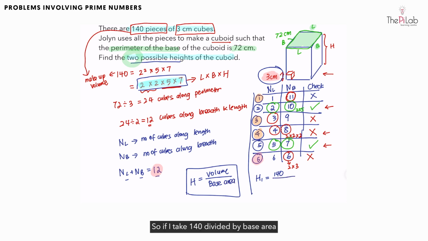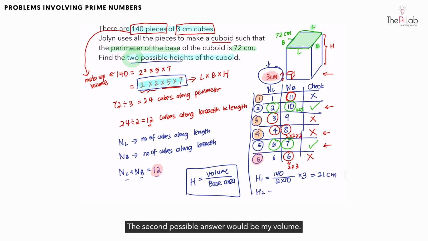So if I take 140 divided by base area, which is 2 and 10, I actually get 7. Okay, but recall that 7 is just 7 cubes. It's not the actual height, because we are not dealing with 1 cm cubes, we are dealing with 3 cm cubes. So it will be 7 times 3, which is 21 cm. So the first possible answer is 21.